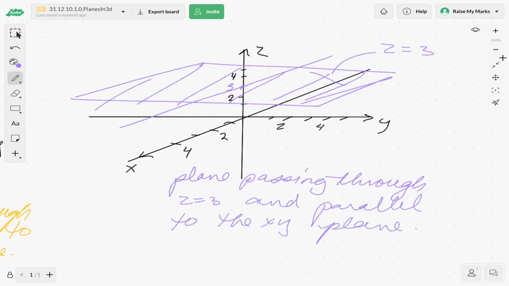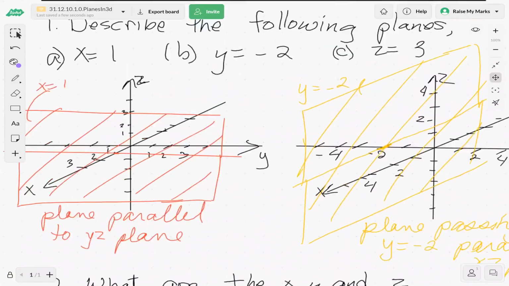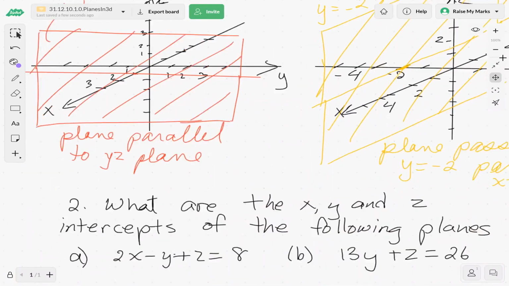Like a sheet of paper. And it's a sheet of paper that cuts through that point z equals 3. So parallel to the xy plane, cutting through z equals 3. Good. So we have a whole lot of flat planes that are parallel to another plane.